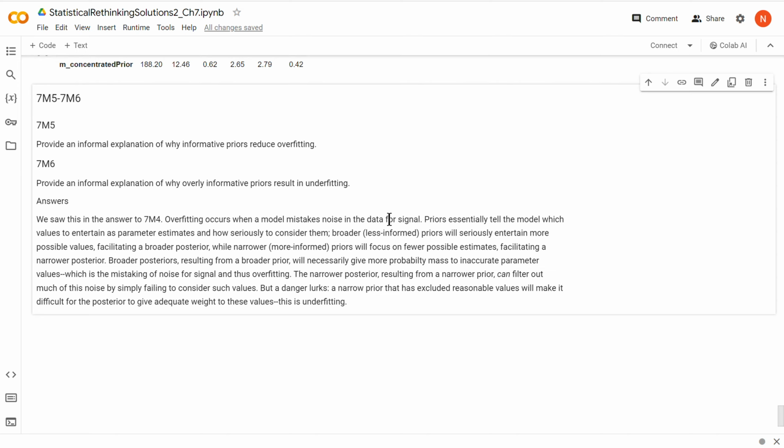Then it will struggle to make good predictions or inferences on the new data. Okay. So we see that priors are telling our model which possible parameter values should seriously be entertained as being possibly accurate values for those parameters.